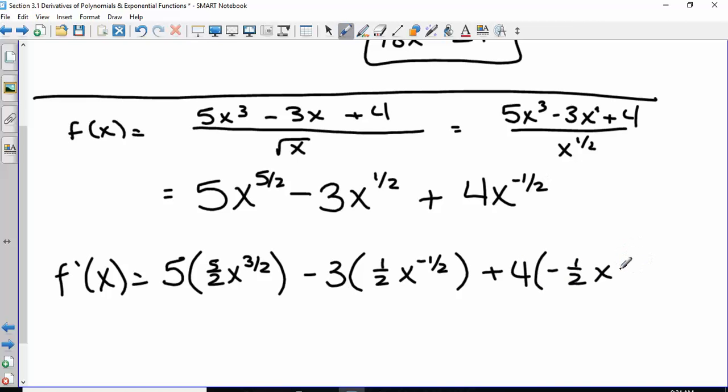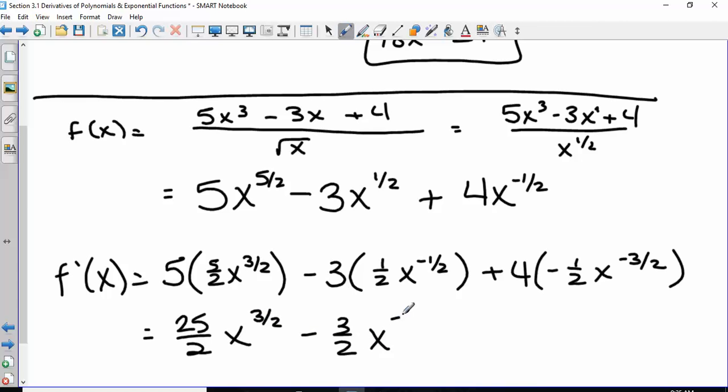This one, the negative 1/2 comes down. Negative 1/2 minus 1, so negative 1/2 minus 2/2 is negative 3/2. So sometimes you have to simplify before you are able to find your derivative.